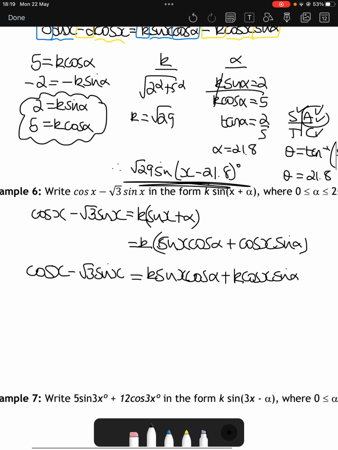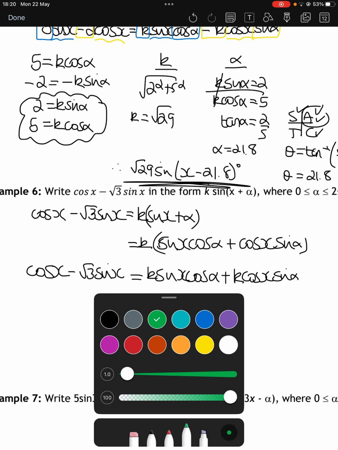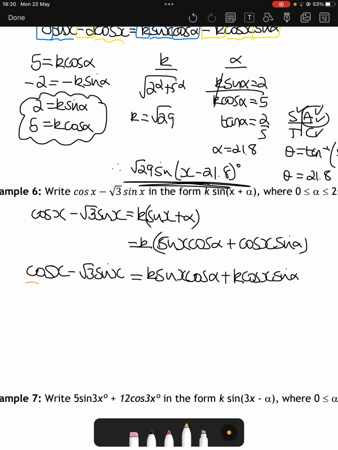Okay, so match them off. Let's change my colours up. Right, cos x. Where's the cos x? It's there. So again, there's nothing there, so I like to put a 1 in. So 1.